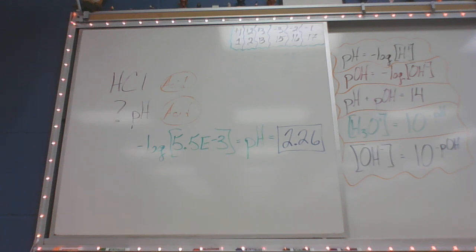So negative log, 5.5, second button. I did that.